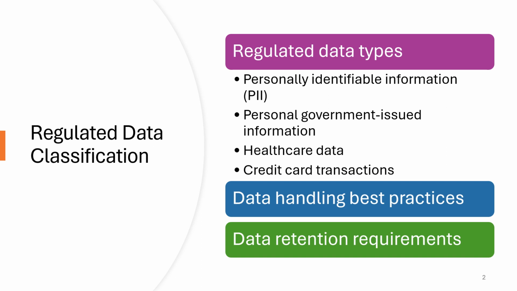Ensure data recovery in case of incidents. 4. Data minimization. Collect and store only the data necessary for business purposes. 5. Employee training. Training employees on data security policies and procedures is essential.